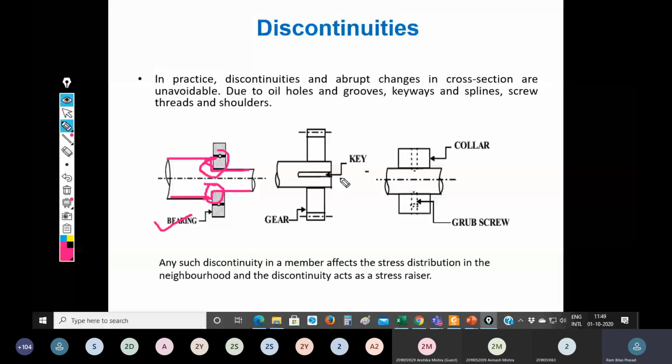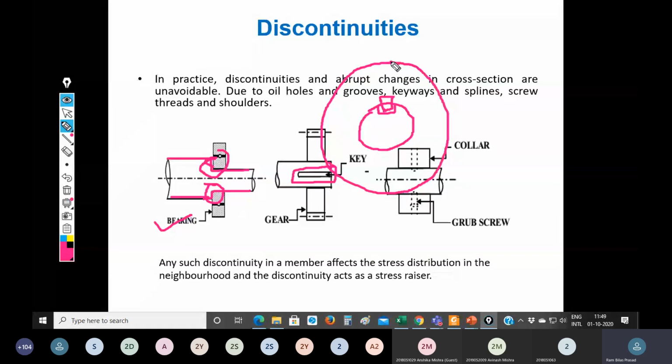In the same manner, suppose there is a gear mounted on the shaft, right? How will you mount the gear on the shaft? You have to cut a keyway in the shaft. Suppose this is the cross section of the shaft. The keyway is cut, and a key is fitted in this keyway, and with the help of the key the gear is mounted on the shaft, right?